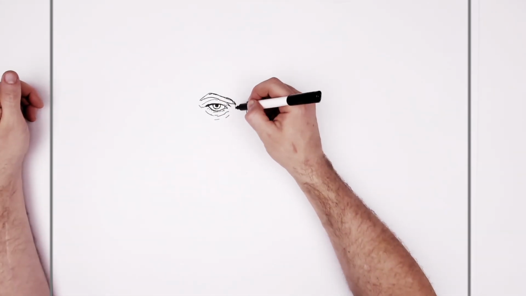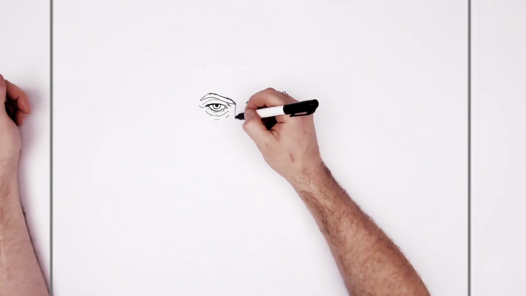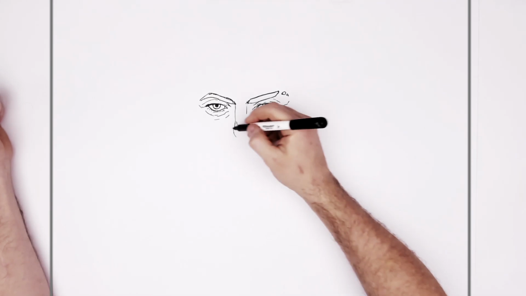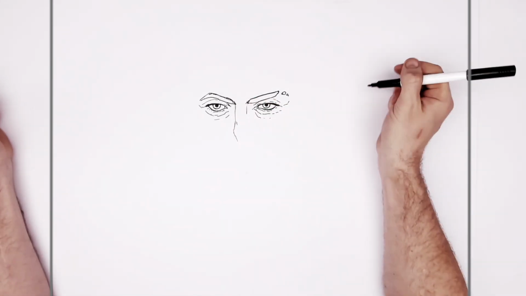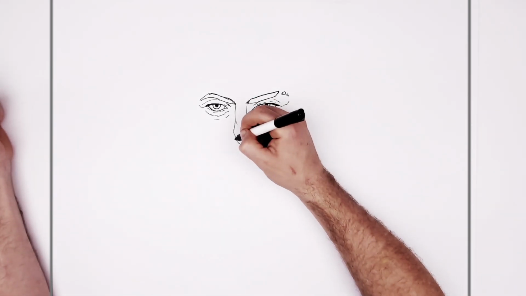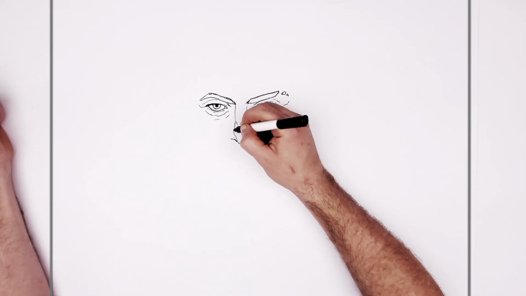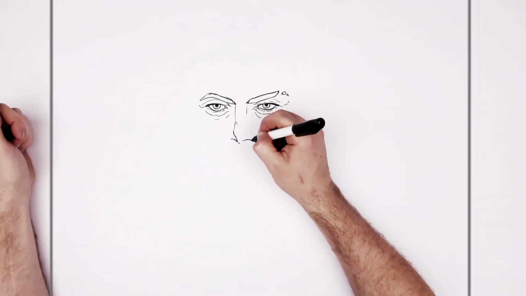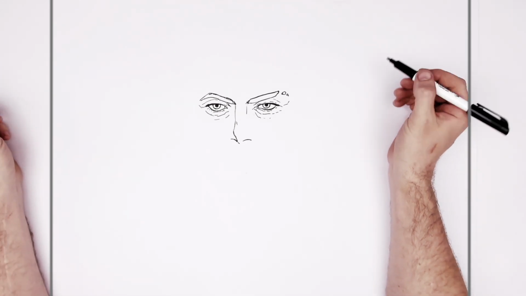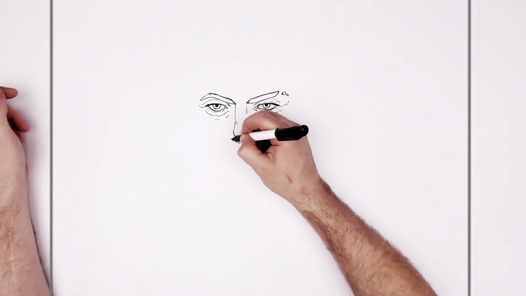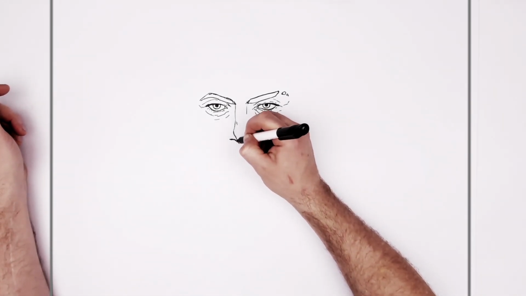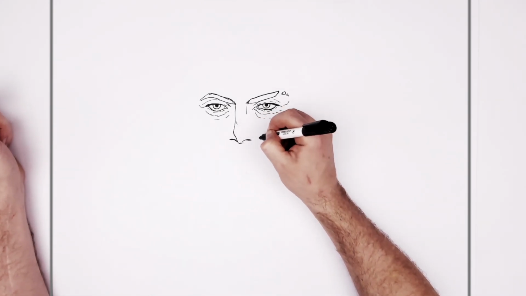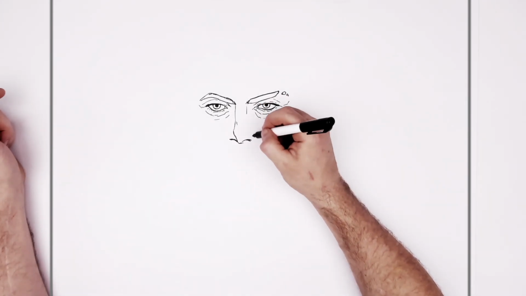And then the bridge of his nose, kind of wide bridge. Tip of the nose sort of comes down towards that side of his nostril, which is just there. And then the other nostril will be here. And then we'll just darken this up inside just to make it look a bit shadowy. And then the skin of his nose.